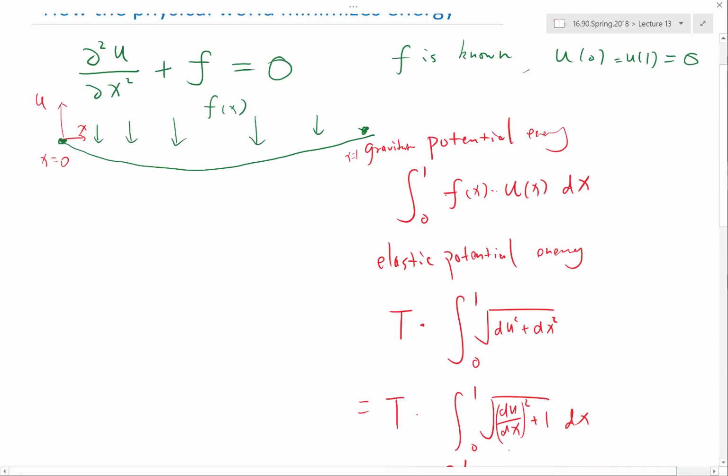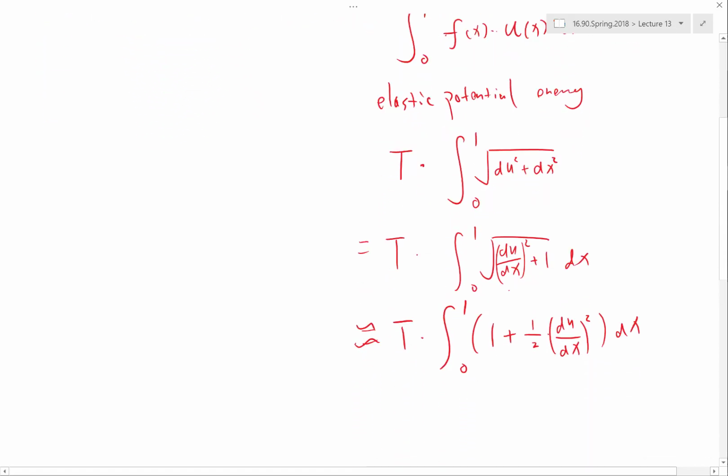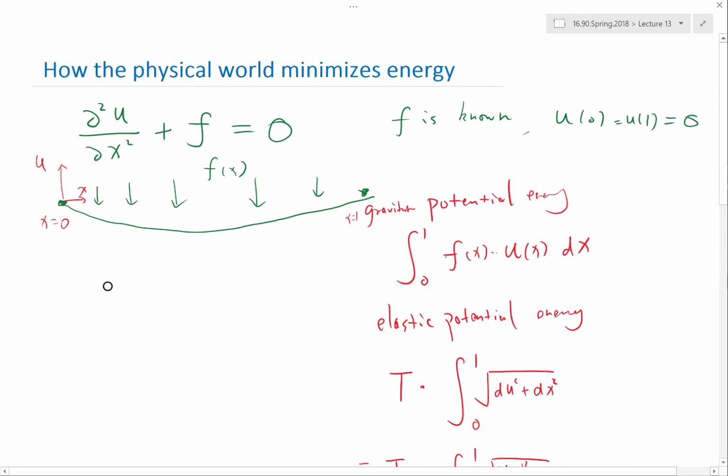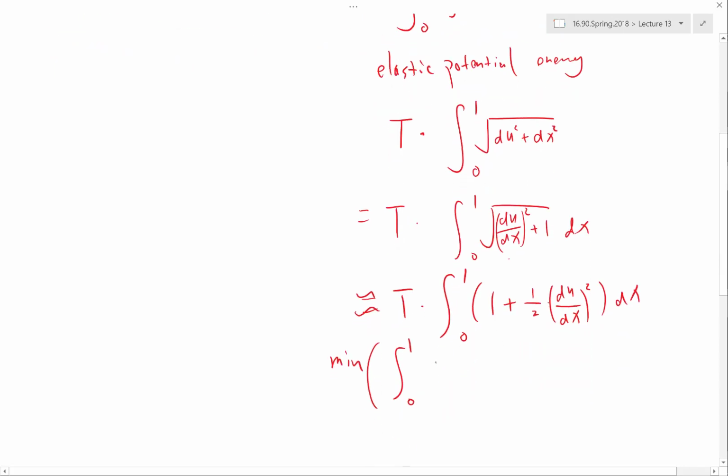So at the very end, my minimization problem is to minimize the integral from 0 to 1. First I have the gravitational potential energy F times u, and then the elastic energy. Let me ignore the plus T because it's a constant. Whether I include it in the minimization or not doesn't make a difference.